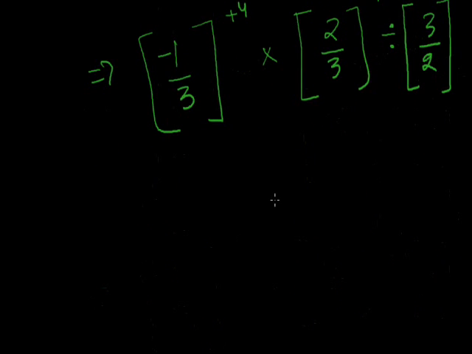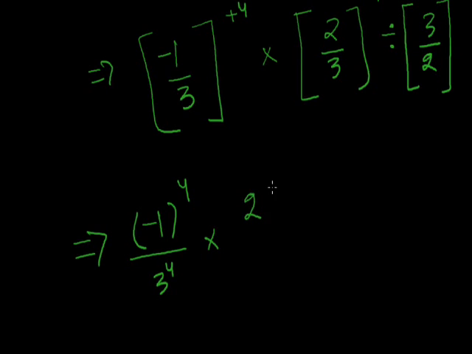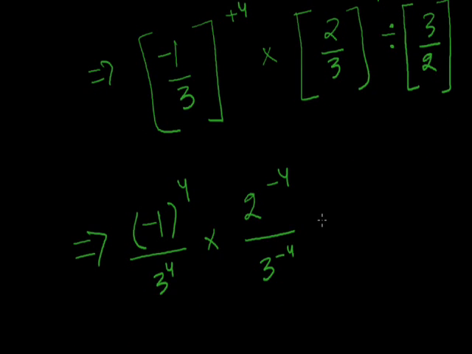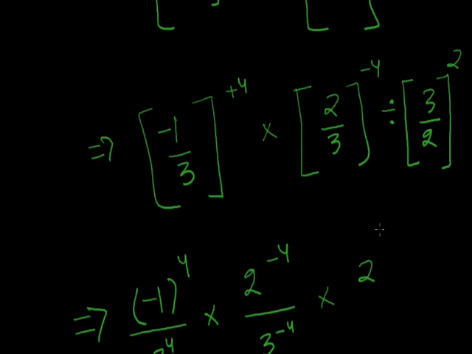When solving this expression, -1 raised to the power 4 divided by 3 raised to the power 4, multiplied with 2 raised to the power -4, 3 raised to the power -4, multiplied by 2 whole square divided by 3 whole square.